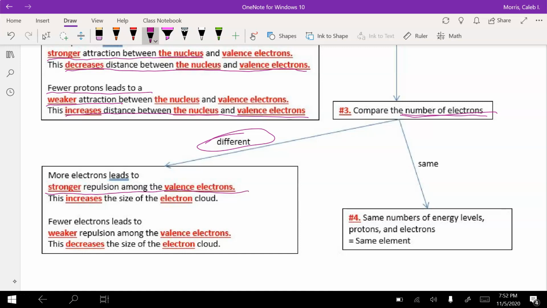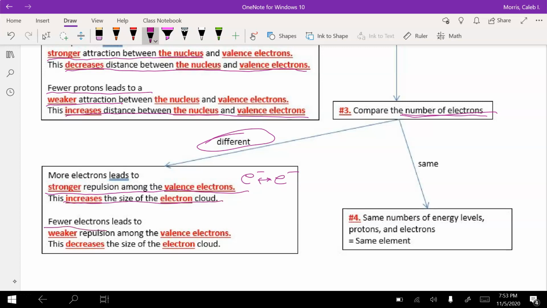Remember, electrons are like charges. So we have an electron and another electron. They are going to repel each other. They want to spread out. They repel each other. And if you have more electrons, that repulsion increases, and it increases the size of the electron cloud because they want to spread out.